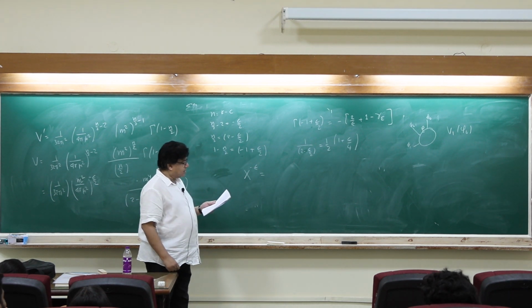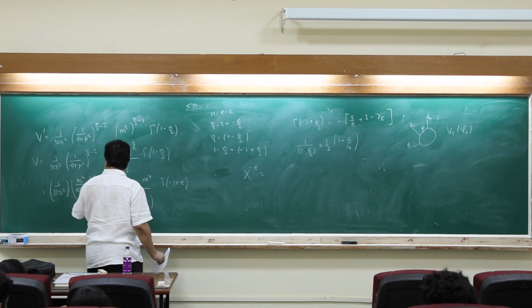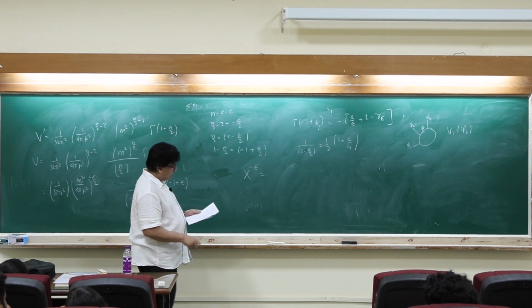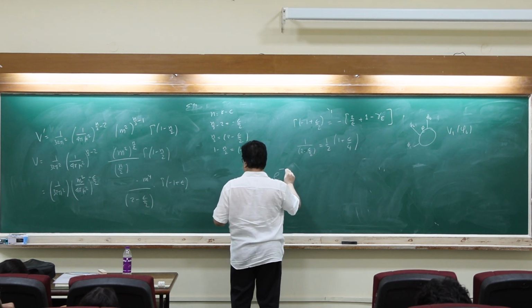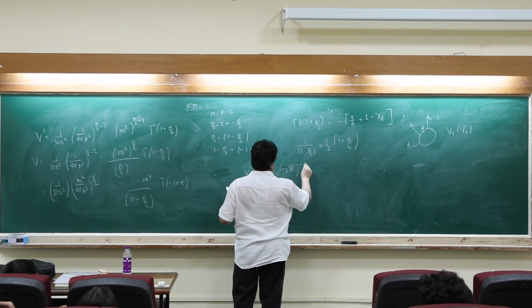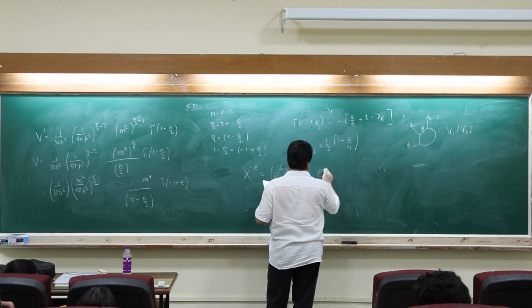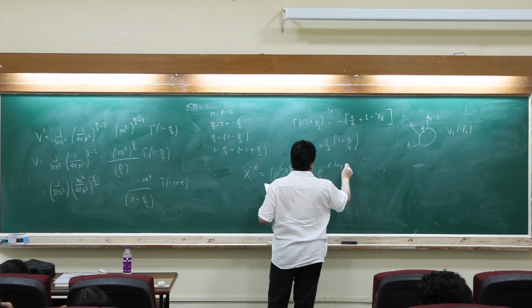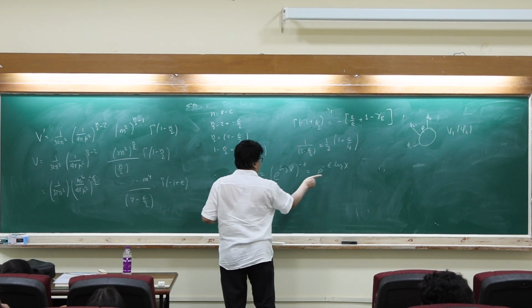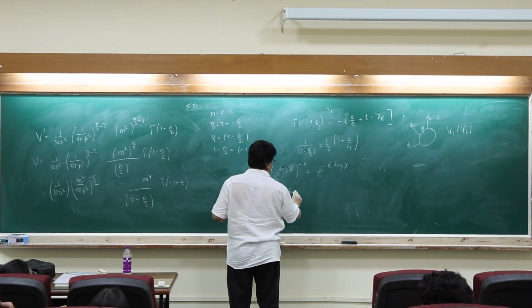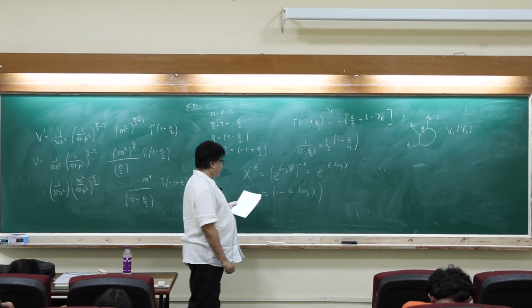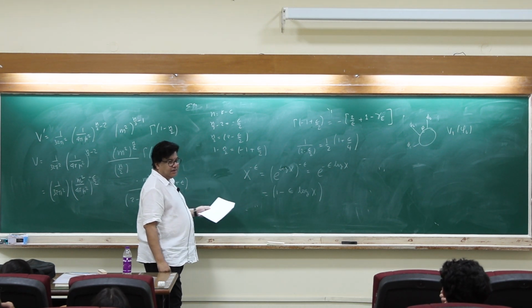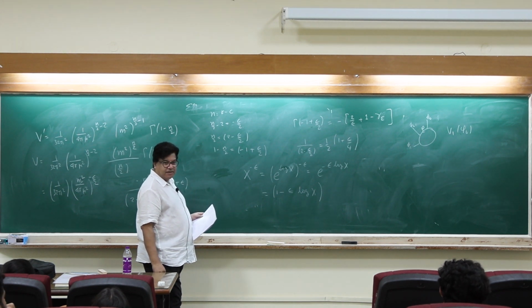I want to simplify this guy. This guy can be written using a log as follows. This is e to the power minus, log x to the minus epsilon, which is e to the power minus epsilon log x. Epsilon being small, you can write it as minus epsilon log x. Okay, expanding this exponential.